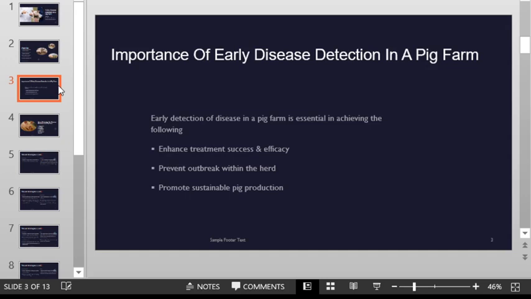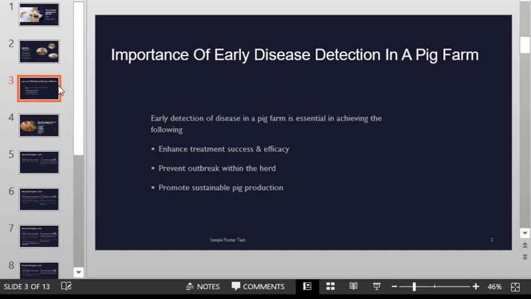And lastly, it would promote sustainable pig production. I think the whole idea of sustainable pig production is to be able to manage your farm in such a way that you cater for the present without compromising the future, which in a practical sense means you are able to reduce cases of loss, which are occasioned by mortality in the farm.